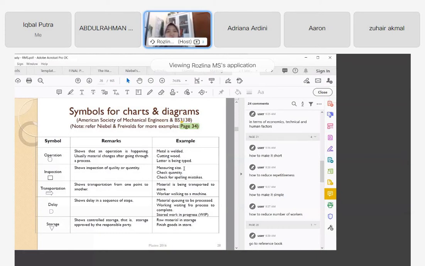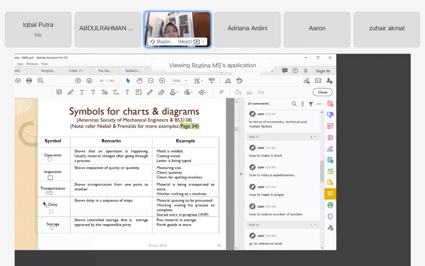Cutting wood, typing a letter. Inspection is the square one. It shows inspection of quality or quantity. Maybe it is to measure the size, you want to check the quantity, or you want to check for spelling mistakes in the letter. So you will use this symbol.